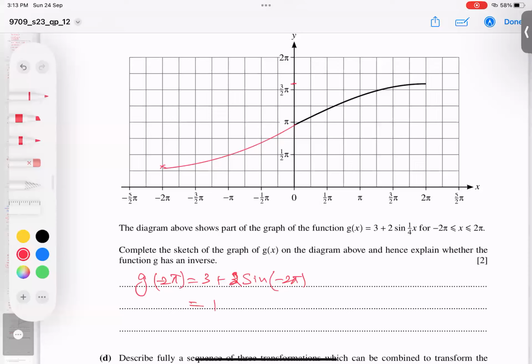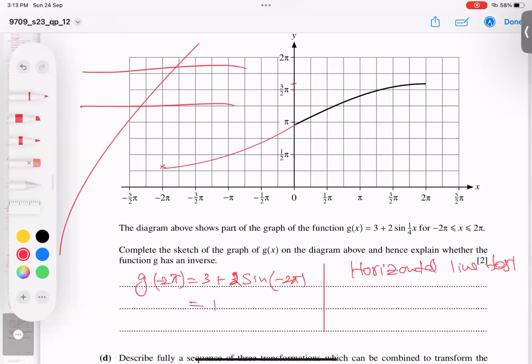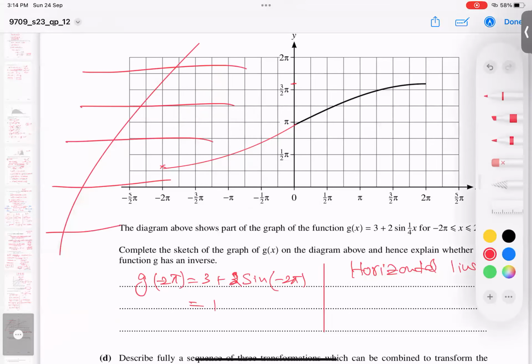So that's it. And now you know what is called the horizontal line test. I write the word for you. Horizontal line test. For example, for this curve, if I draw a line cutting two points, then it is not a one-to-one function. If it is not a one-to-one function, the inverse never exists. But if I have this kind of curve, and I draw a line, how many points does it cut? It cuts one spot.